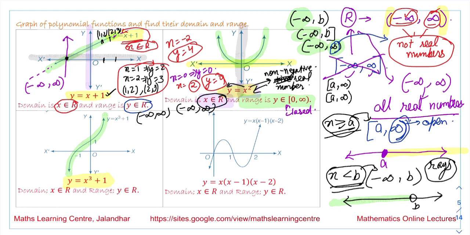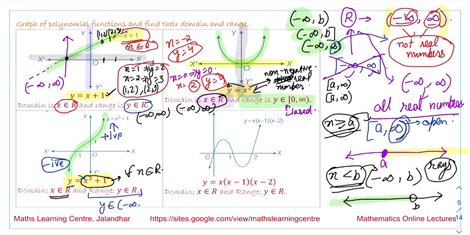From the graph it is clear that this function is defined for all values of x belonging to R. So the domain is x belongs to R. Next, the range: if we substitute different values of x, we will get different values of y, which can be positive, and these are negative values of y. So the range is y belongs to minus infinity to infinity.